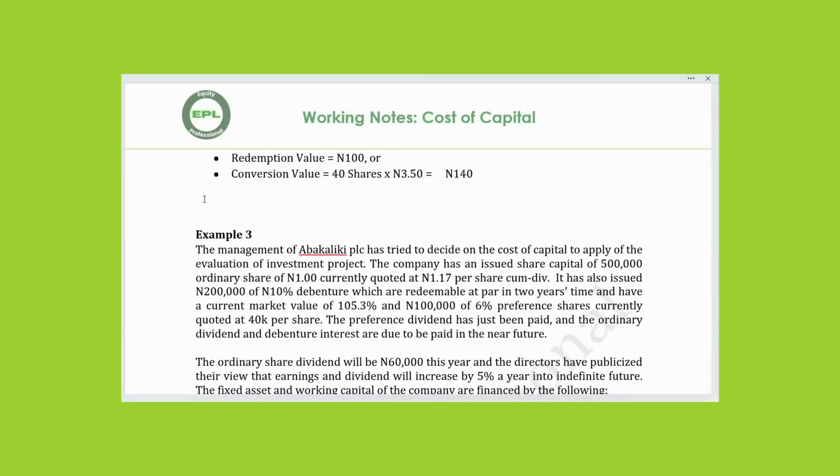Now we're at the 4th step, which is to calculate cost of capital, that is weighted average cost of capital. So let me put it down for you. Calculating weighted average cost of capital, WACC.